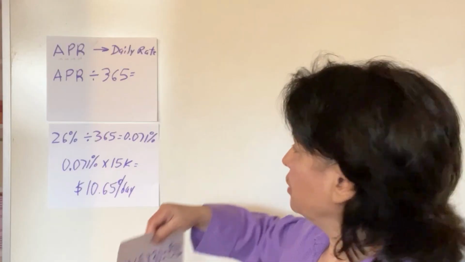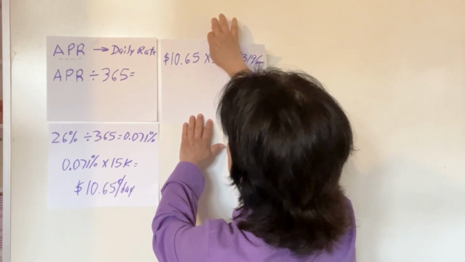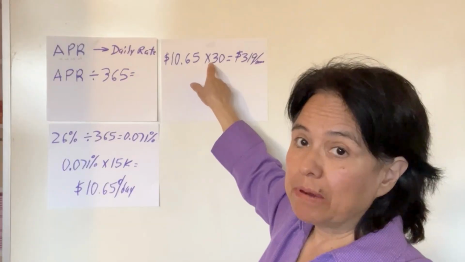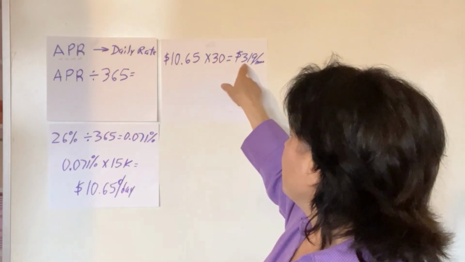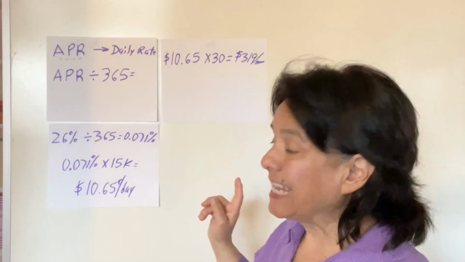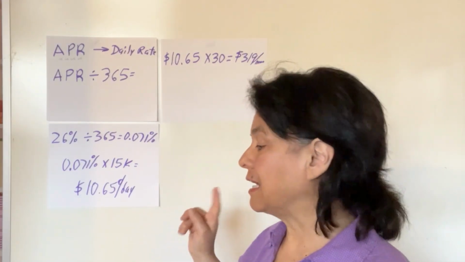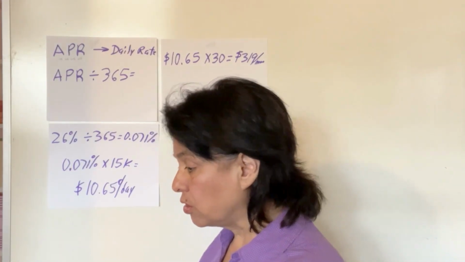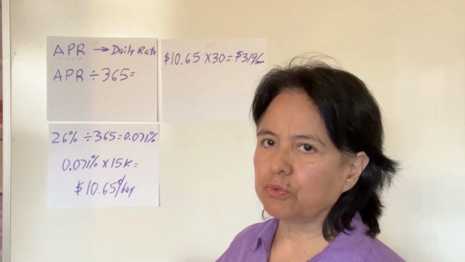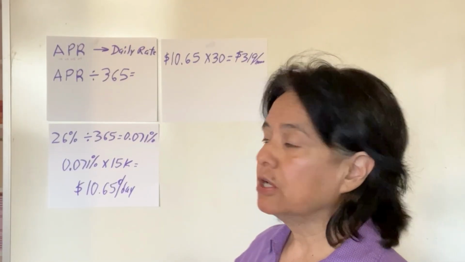Okay, so then you take that number, $10.65, and you multiply by 30 for the month, and the amount is $319 in interest only.